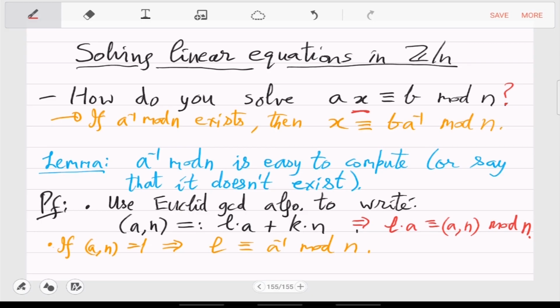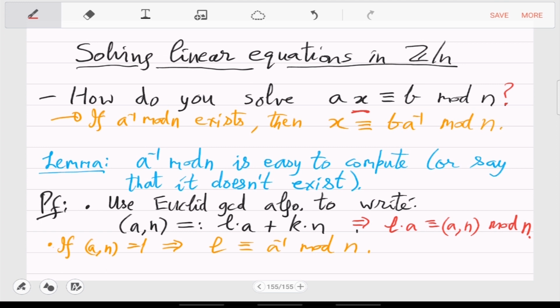So this is an easy algorithm because even if this A and N are thousands of digits, which by the way will be happening in a lot of applications where programming is done, especially in cryptography or error correcting codes. So their N is huge, but even if it is thousands of digits, this Euclid GCD will only require thousands of steps, which is extremely fast too, which is basically a for loop. So even millions of steps of a for loop is very easy. Okay, it's very fast.